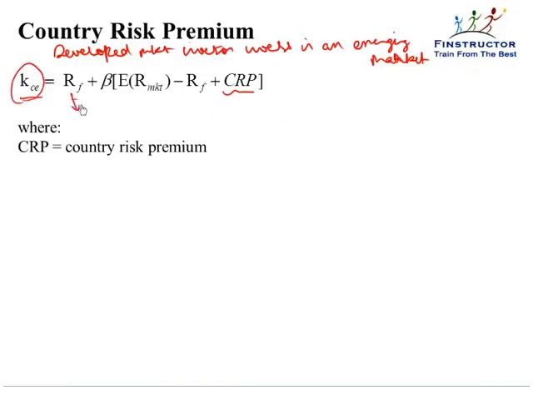The risk-free rate he will still use is the US risk-free rate, the risk-free rate in his home country. The beta will be the beta of the Mexican stock with the global market or with the US market, or whatever is the home market, not with the Mexican index.